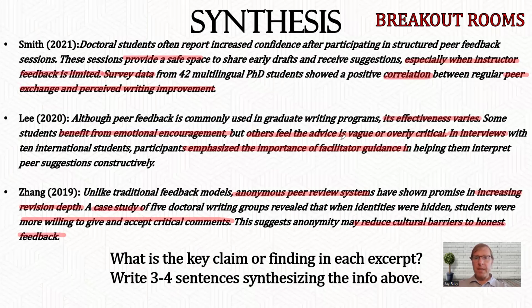So here we can see that Lee says that many students find this feedback overly critical. However, Zhang says that creating an anonymous peer feedback system may make students more willing to give and accept critical comments. So we can pick out the relationships between these different scholars here.